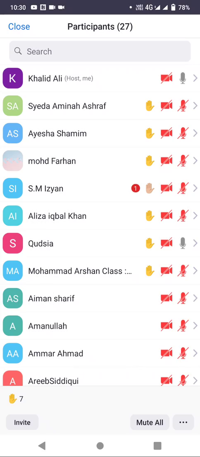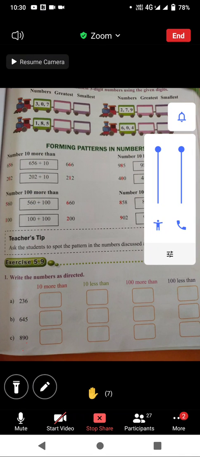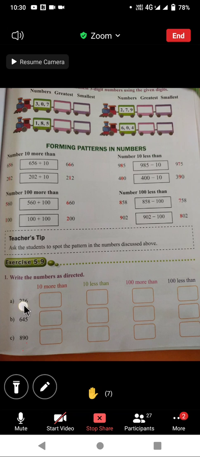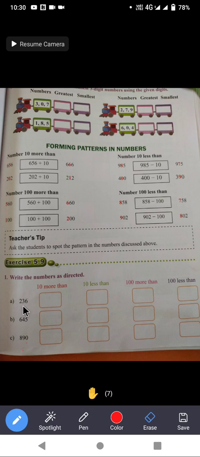Okay, mashallah, very good. Muhammad Farhan, unmute your mic. Yes, can you tell me what is 100 more than 236? First part is 236. 246.